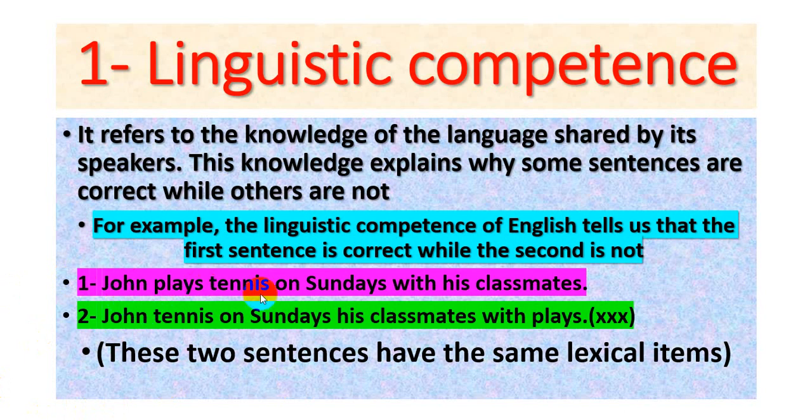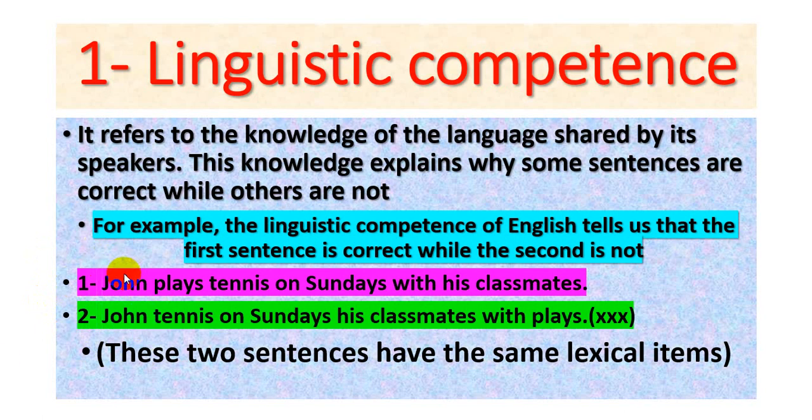John plays tennis on Sundays with his classmates. The second one: John tennis on Sundays, his classmates with plays. So, if we just have a closer look at these two sentences, we'll find out that they include the same words.